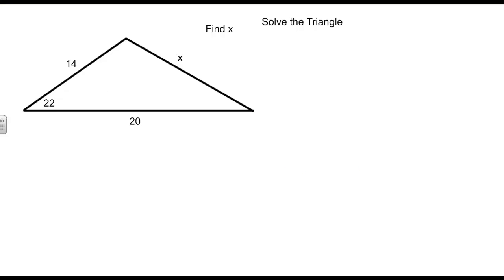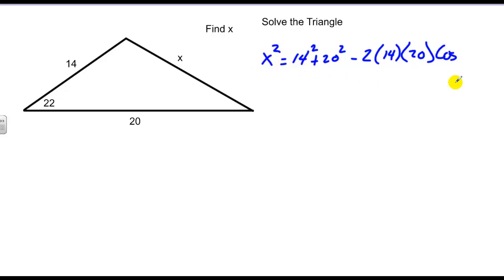So if we go back to the problem we started with, we notice we're given a side angle side situation, which sets up perfectly for the law of cosines. So I want to find a side. So I'll say x squared is equal to the sum of the squares of the other two sides, that's 14 and 20, minus 2 times the product of those two sides, times the cosine of the angle opposite that initial side.